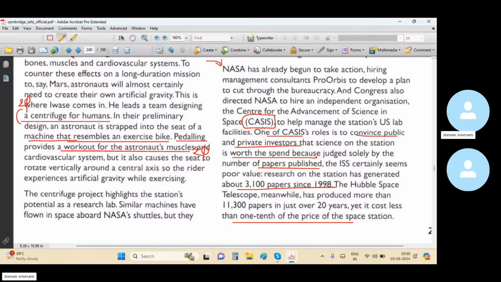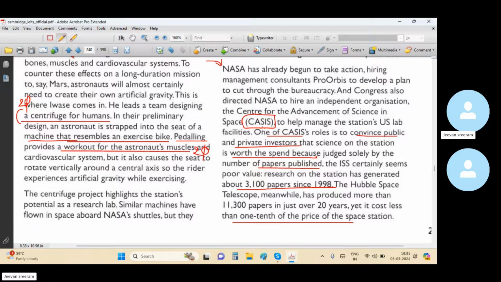They should be able to convince the investors. They have to show that investing in space research is beneficial, to prevent them from investing in Hubble due to its greater number of papers and its lower cost, right? Somehow they have to convince them. CASIS people have to convince the investors and also the public to invest in ISS, right?